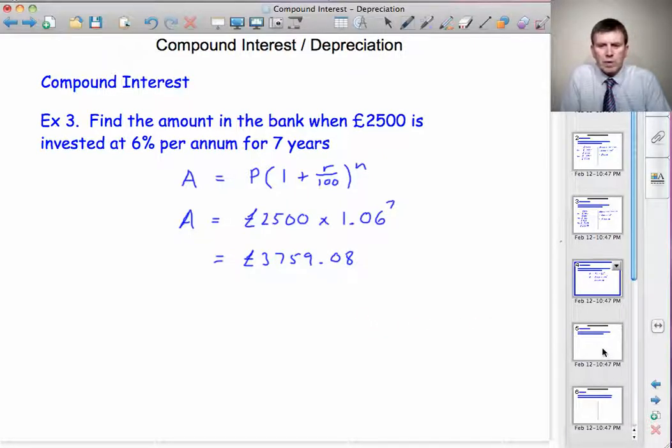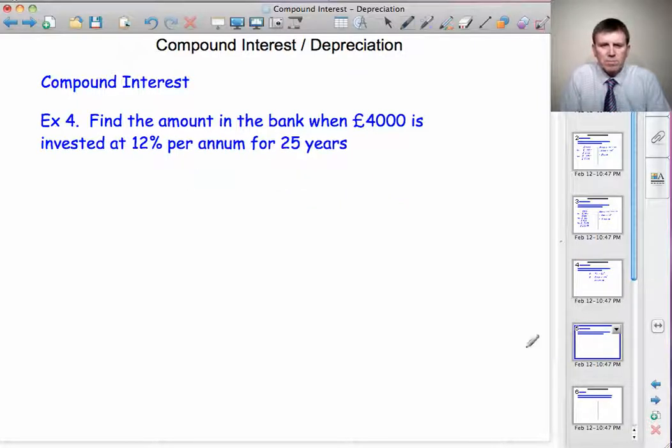Moving on to example 4. Let's write the formula down again. A is equal to the principal multiplied by 1 plus r over 100 to the power n. This time we're investing £4,000 at 12% per annum for 25 years.